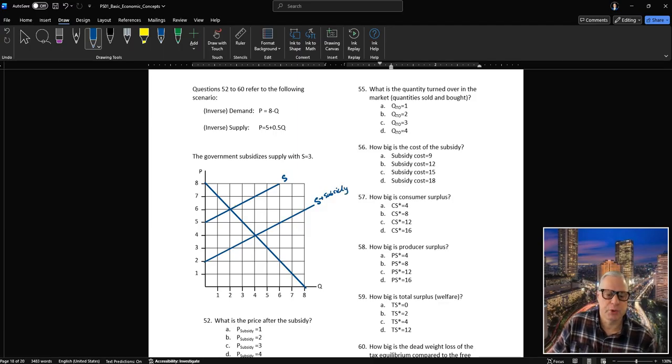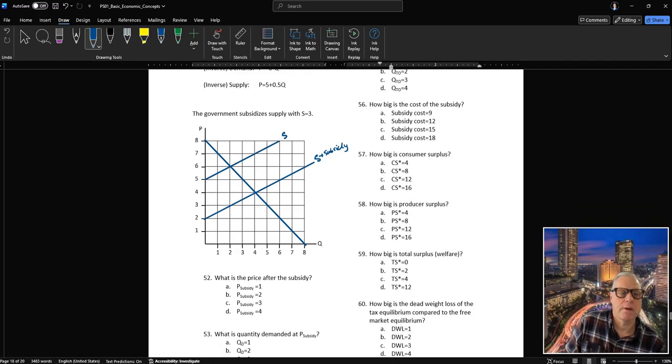Okay, so what is the price after the subsidy? Well, that's obviously 4. So here, this is where the market clears. Equilibrium quantity 4, equilibrium price 4, so the price is 4.